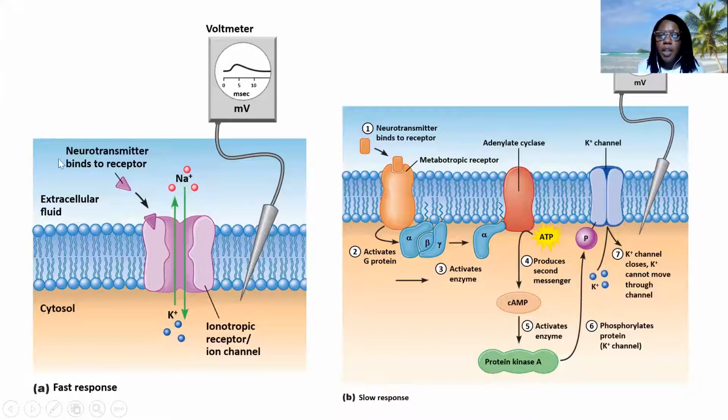So the neurotransmitter, if you remember our series of events after the action potential arrived at the axon terminal, was released via exocytosis. It crossed the synaptic junction. It's going to bind onto this receptor, which is also acting as a channel.